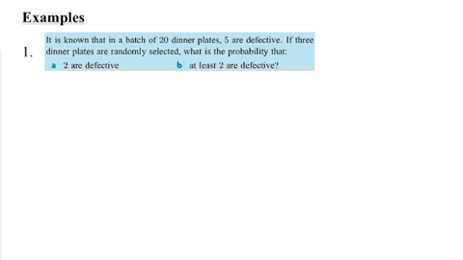Let's say we're a manufacturer that produces dinner plates, and we have a batch of 20 dinner plates where we know 5 are defective. If 3 dinner plates are randomly selected, what is the probability that 2 will be defective? We should split the population into 2 parts.